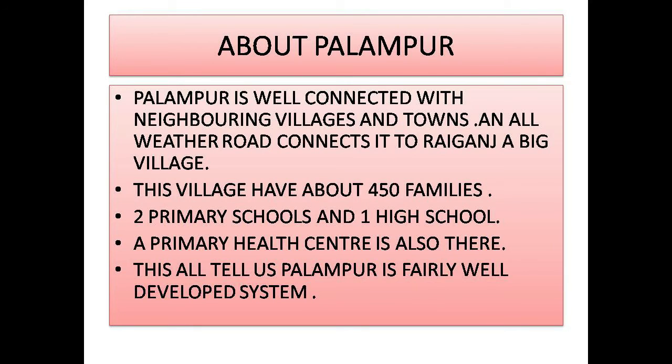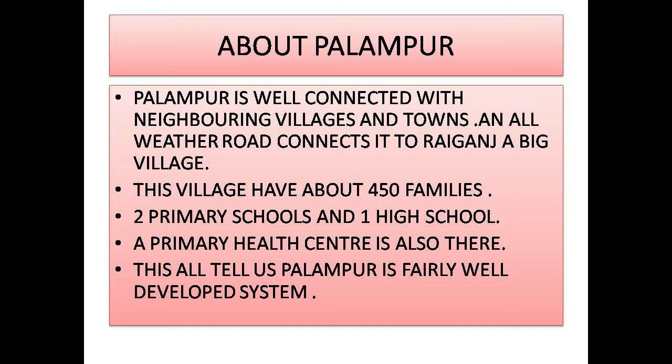Palampur is well connected with the neighboring villages and town. An all-weather road connects it to Raiganj, a big village. Palampur has about 450 families. Two primary schools and one high school are situated in Palampur.